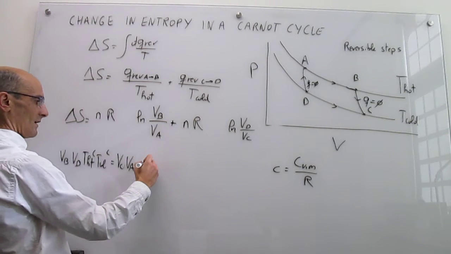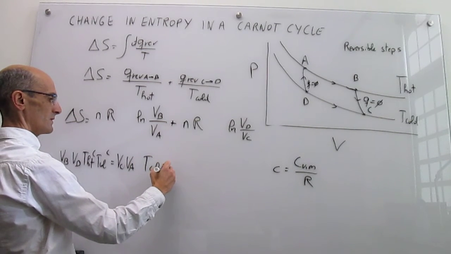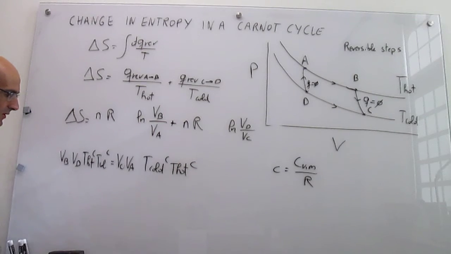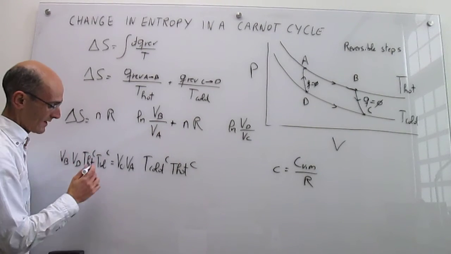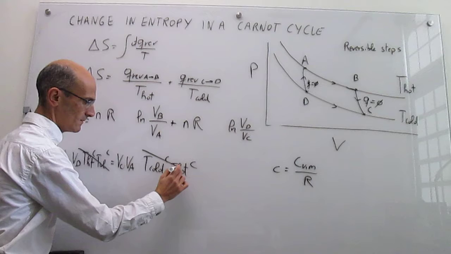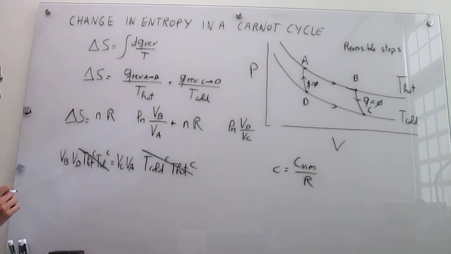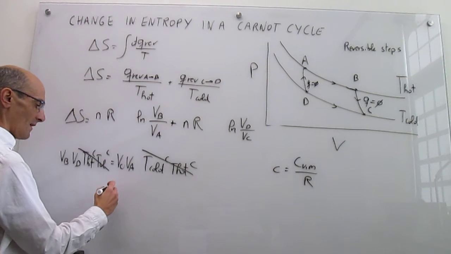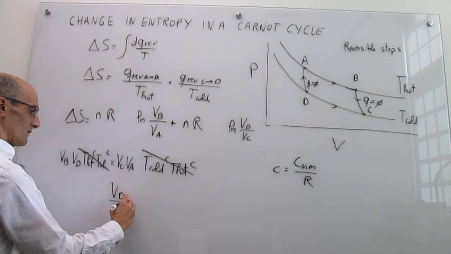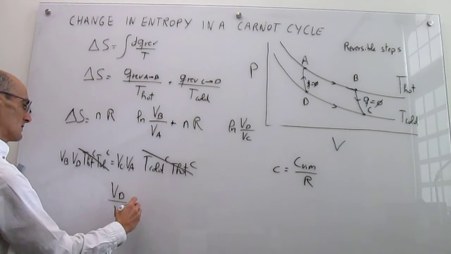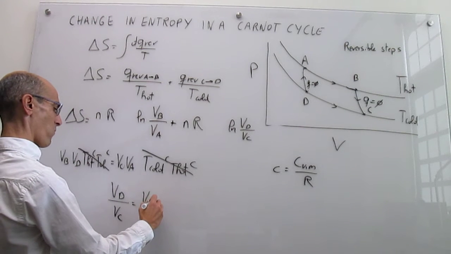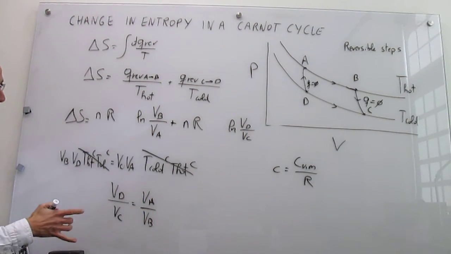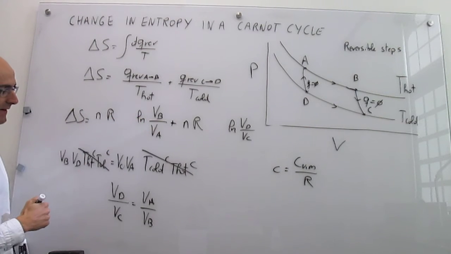Okay, that will be just T cold to the C, and then T hot to the C. Okay, so notice that those temperatures all cancel. All right, so that cancels with that one, and then we get to a very simple, very beautiful relationship between volumes, right? So we can write that V sub D over V sub C is equal to V sub A over V sub B.